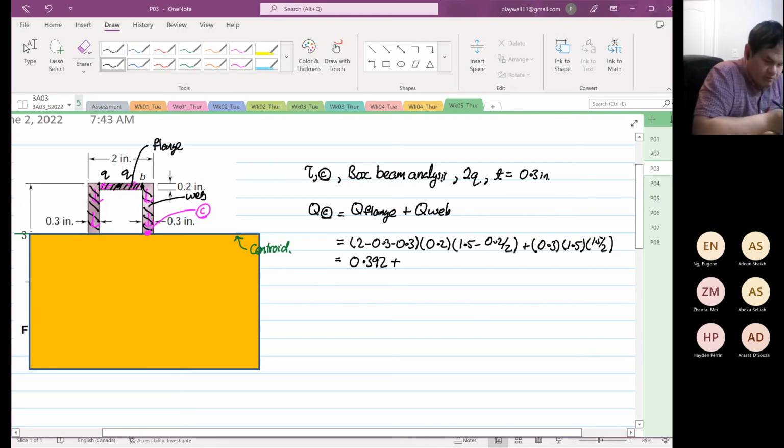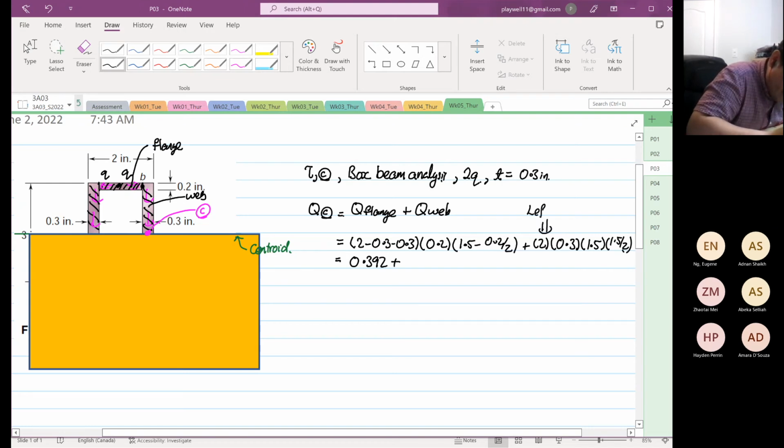Plus twice. Sorry, I forgot my twice down here. Right, so twice, because you have left and right, the width is 0.3, depth is 1.5, 1.5 divided by 2. So this is left and right web.